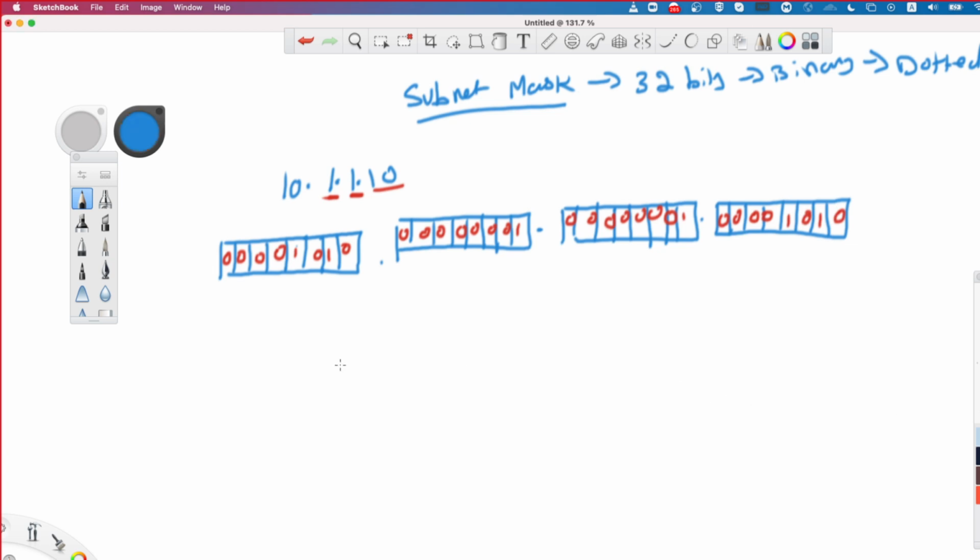Now the subnet mask is also 32 bits in length. Remember that part.